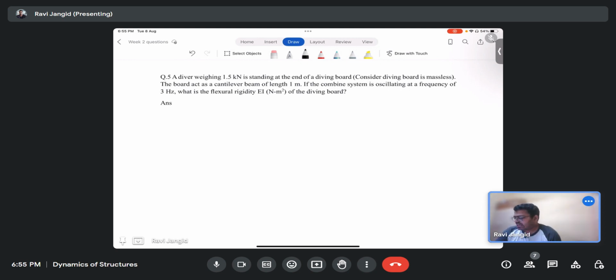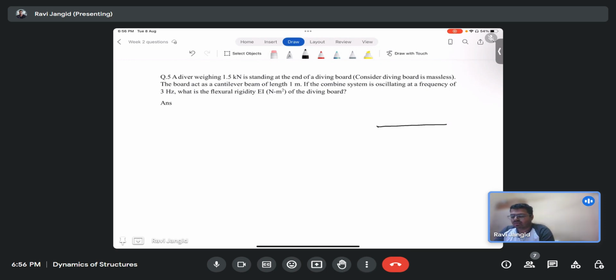In this question, a diver weighing 1.5 kilonewton is standing at the end of the diving board. Do you know what the diving board is? Swimmers use it in swimming pools to jump in. That is a kind of cantilever.